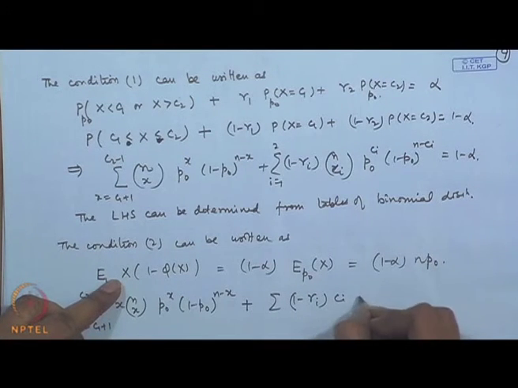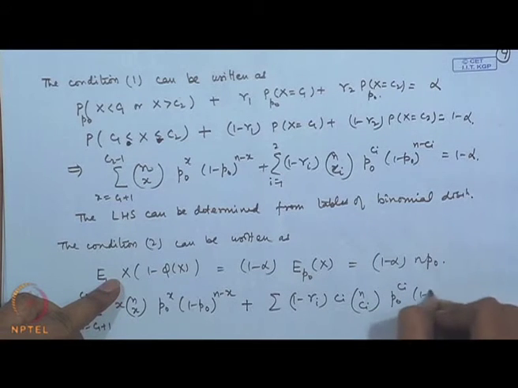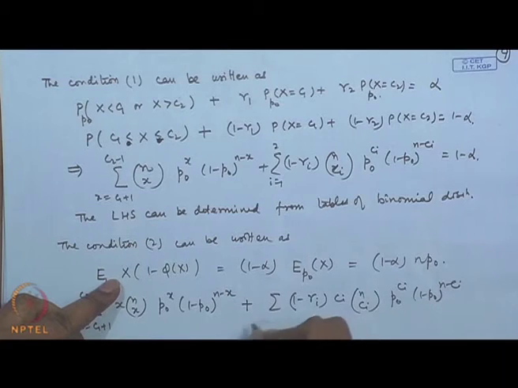So, here you will have c I n c I p naught to the power c I 1 minus p naught to the power n minus c I, I is equal to 1, 2, that is equal to 1 minus alpha n p naught.